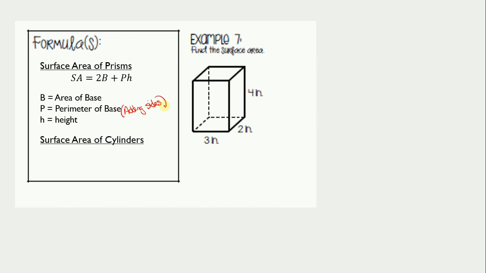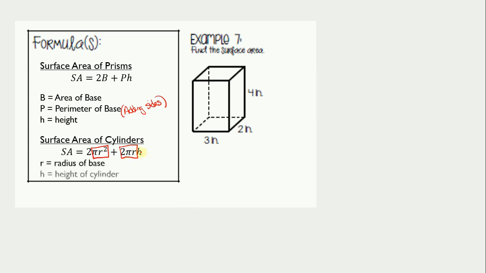Cylinders we're also going to be talking about here. Surface area of a cylinder is 2πr² plus 2πrh. Now, this is actually the surface area of a prism as well. Because right here, if I'm looking at a cylinder, the area of my base is πr², because that's the area of the base. 2πr is the circumference, aka perimeter of the base, times the height of the cylinder.